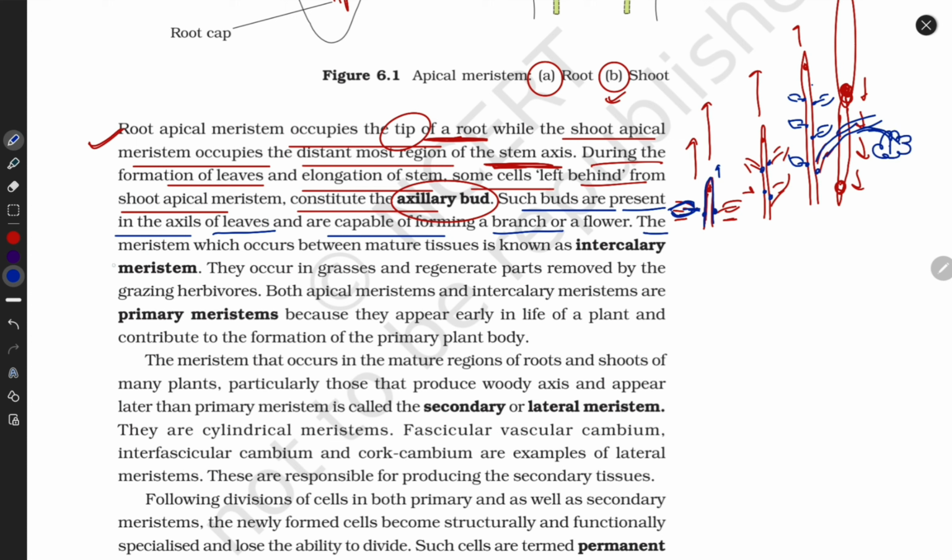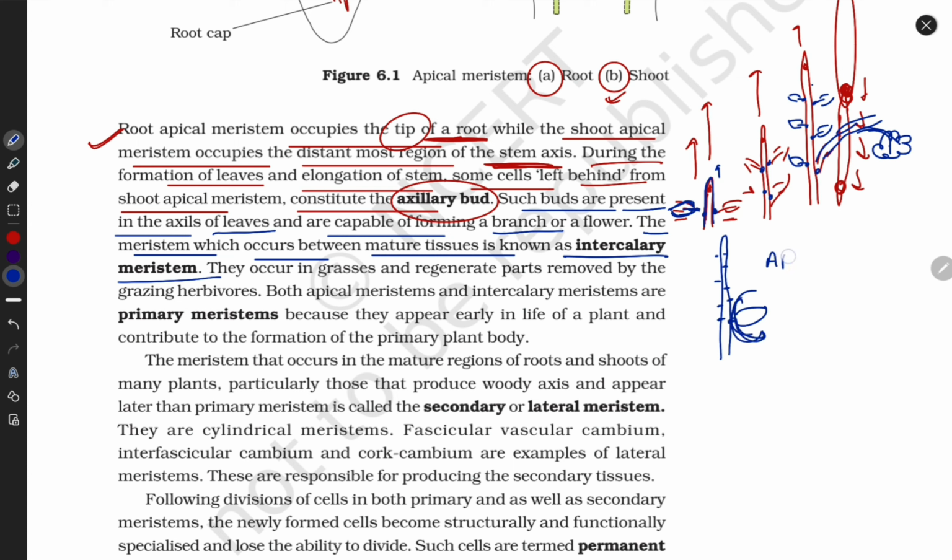The meristem which occurs between mature tissue is known as intercalary meristem. Intercalary meristem is also present here. Look at here, assume this is the shoot part, and they are also present here. Relax guys. Now if some herbivores feed on this leaf, then it originates again.